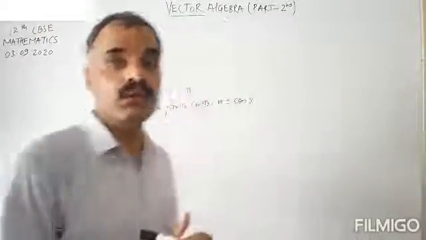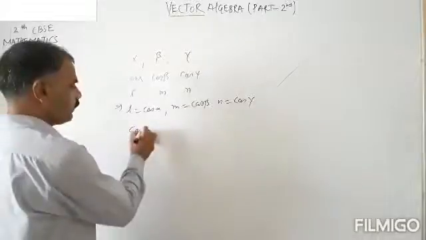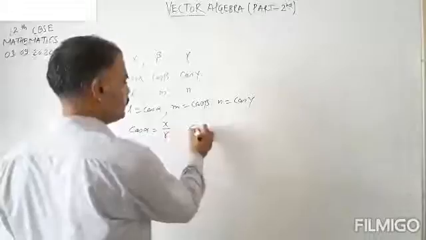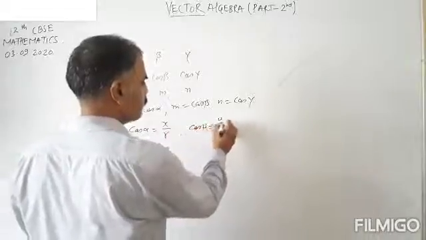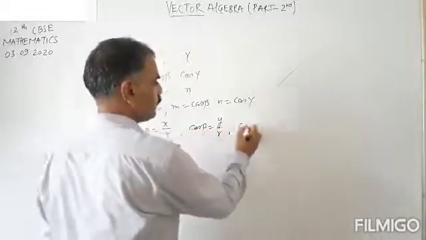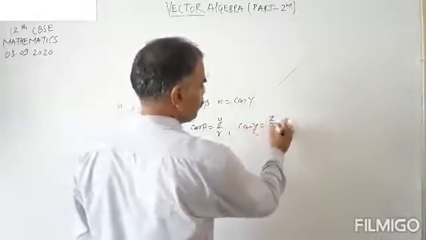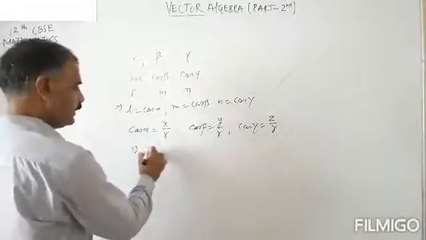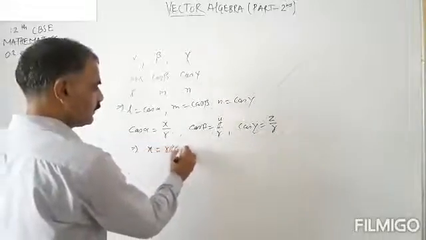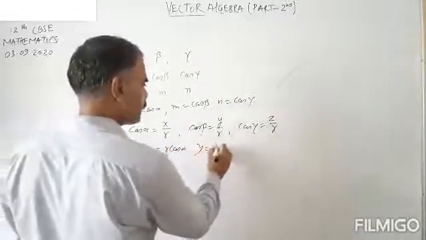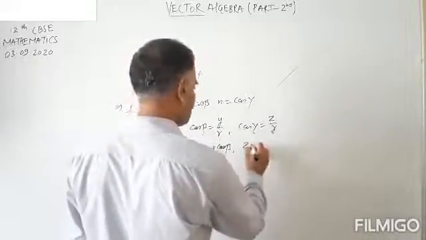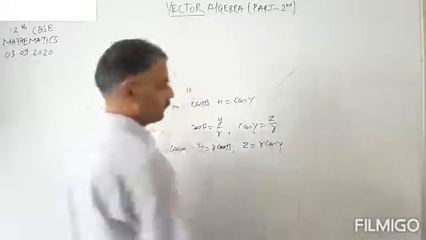We have already told you that cos alpha is equal to x upon r, cos beta is equal to y upon r and cos gamma is equal to z upon r. Means we have already proved that x equals r cos alpha, y equals r cos beta and z equals r cos gamma.